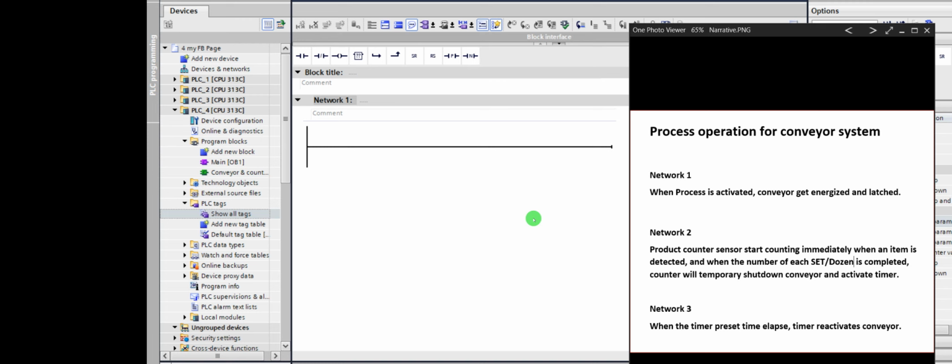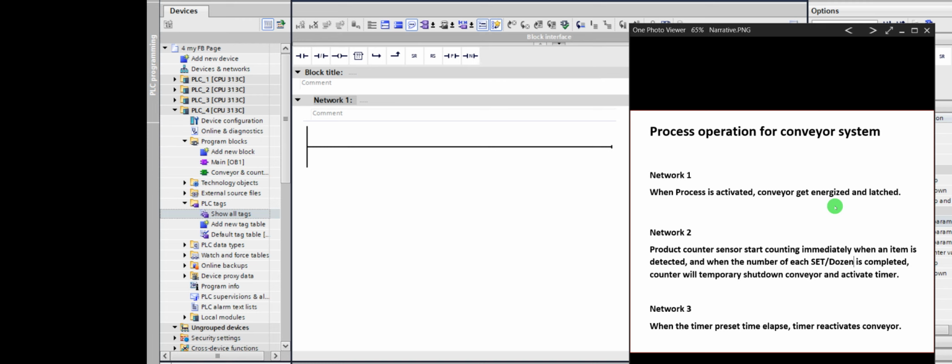Okay, all right. Now, let me repeat network one. Network one said we should put up a network, a design, a logic such that when the process is being activated, that is to put on, once you put on the logic, then a conveyor is going to get energized.